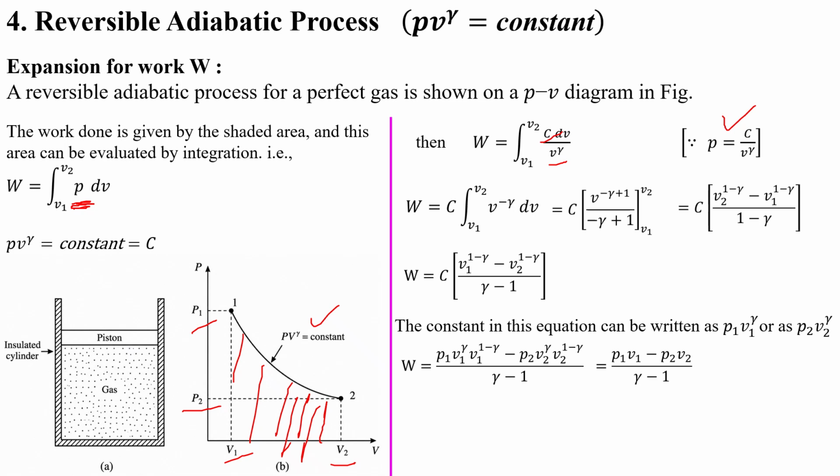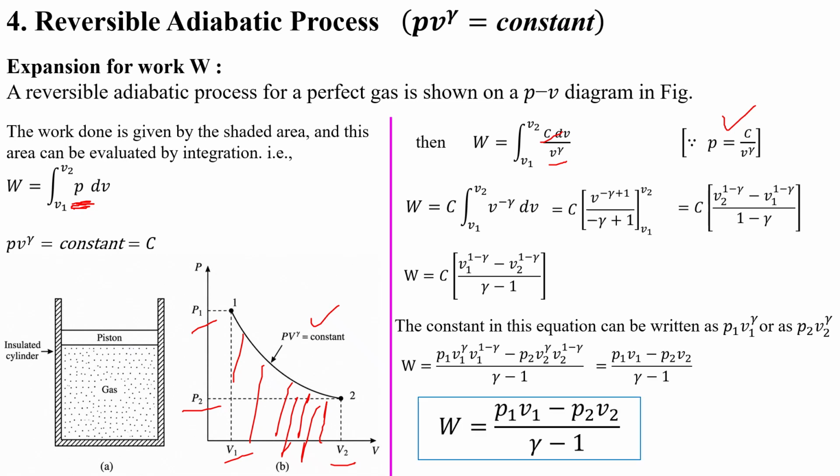So finally we can rewrite W equals P1 V1 minus P2 V2 divided by gamma minus 1. So work done in the adiabatic process is P1 V1 minus P2 V2 divided by gamma minus 1. We can rewrite this, since PV equals RT, as W equals R times T1 minus T2 divided by gamma minus 1.